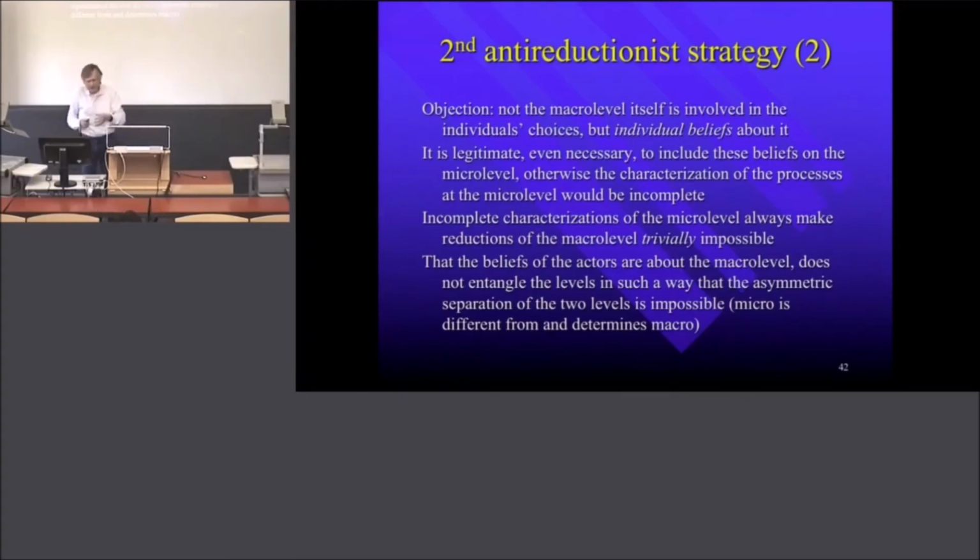But the point that the agents, the firms, and the individual consumers and so on, have ideas about what's going on at the macro level is no argument whatsoever against the reduction, because what really happens at the macro level is, in that sense, independent of the micro level. So the levels are well distinguished, so this is just not an argument.